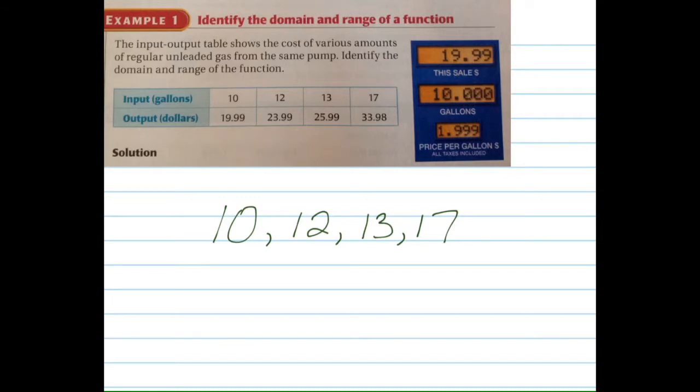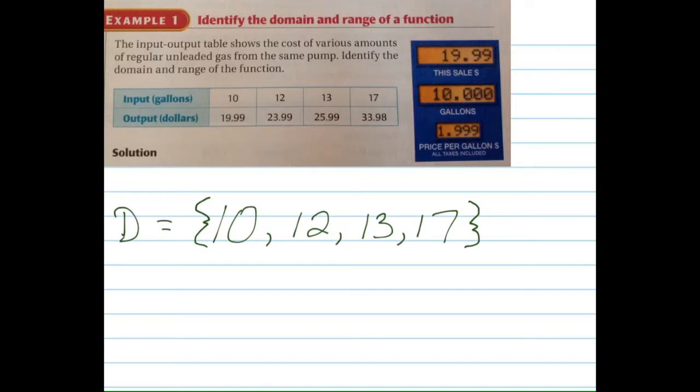Now, if I want to describe this as a set, the book doesn't quite cover this, but it's an important thing to learn. To identify this as a set of numbers, we put braces around it. That's the weird looking parenthesis thing. And we could put D equals.